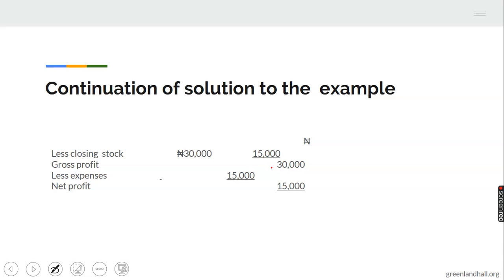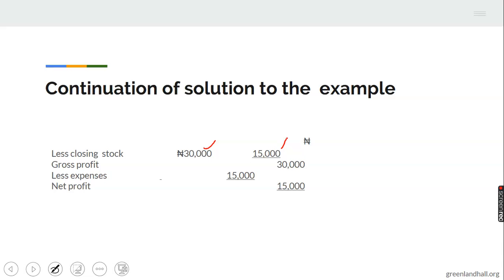Now, from that 45,000 naira, we are going to deduct 30,000 naira, which is the closing stock, and that will give us 15,000 naira. So the cost of goods sold is 15,000 naira.